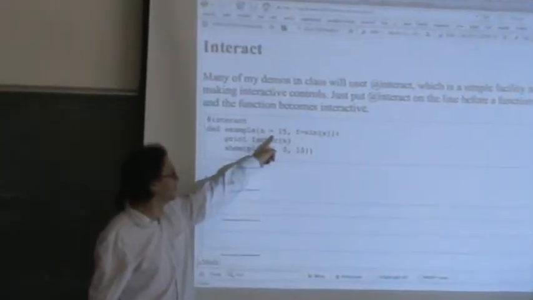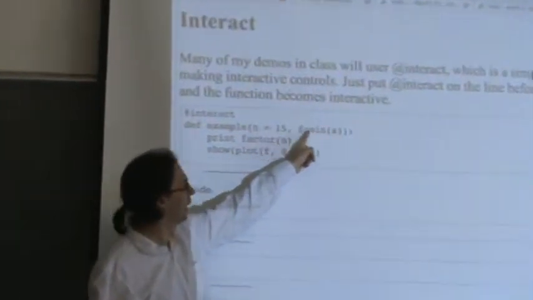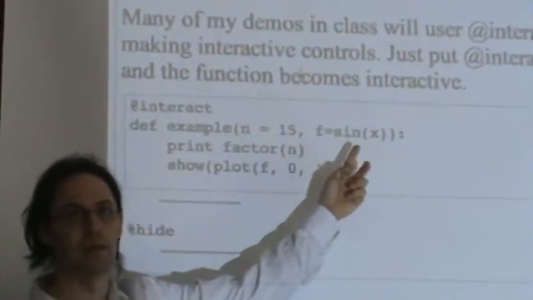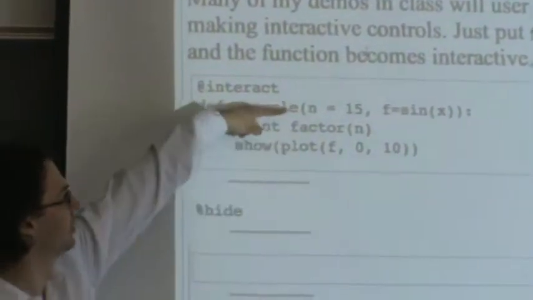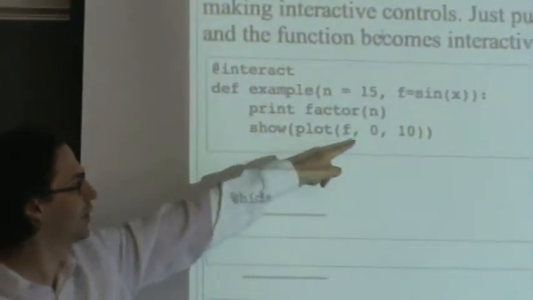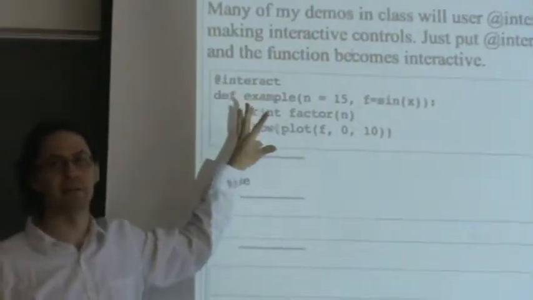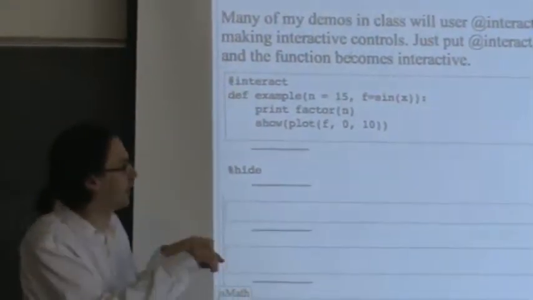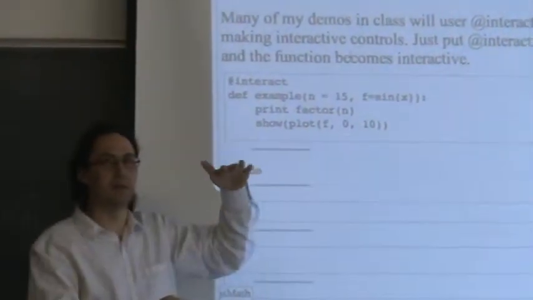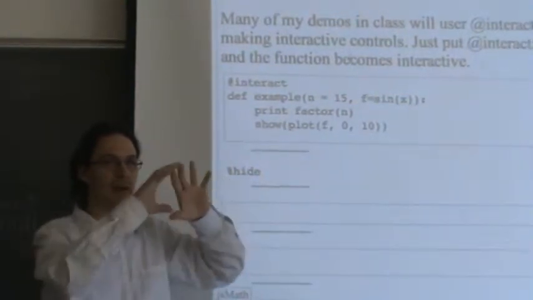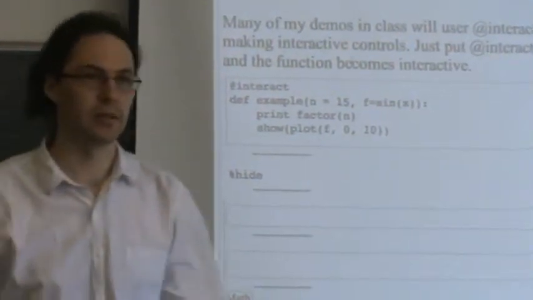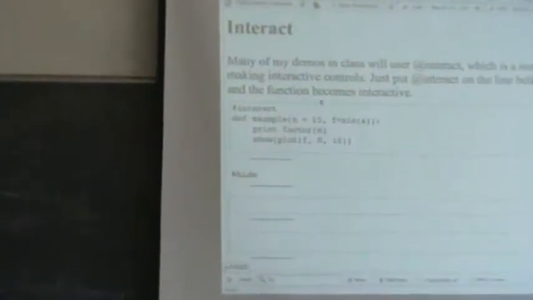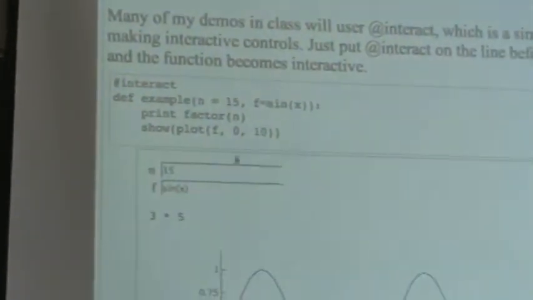It takes a number n as input and some other thing f as input, and it prints out the factorization of the number, and it shows a plot of the function. They're kind of two unrelated things. So if I just define this function and then run it, I'd have to type in specific values, and then I would see a number that's factored and a plot. But with Interact, it's a little nicer because you get to type in things.